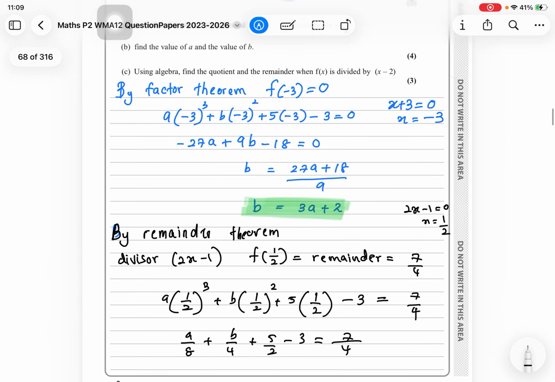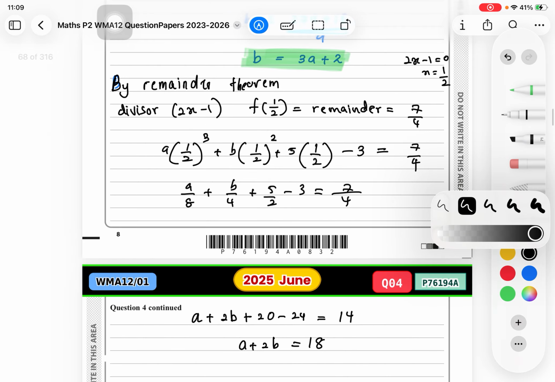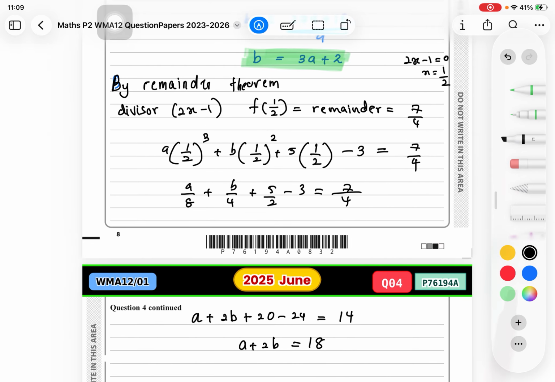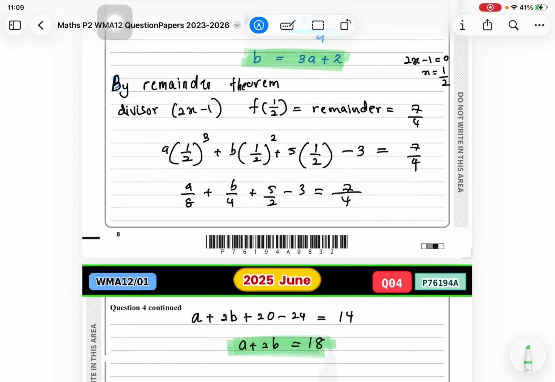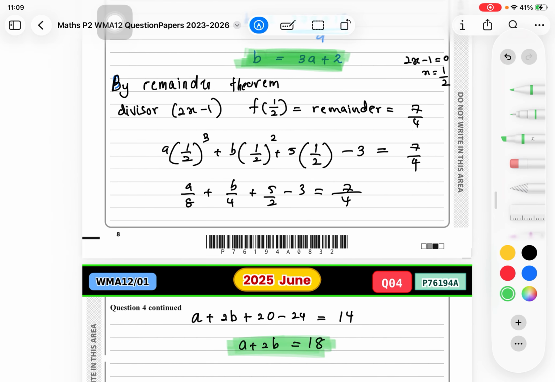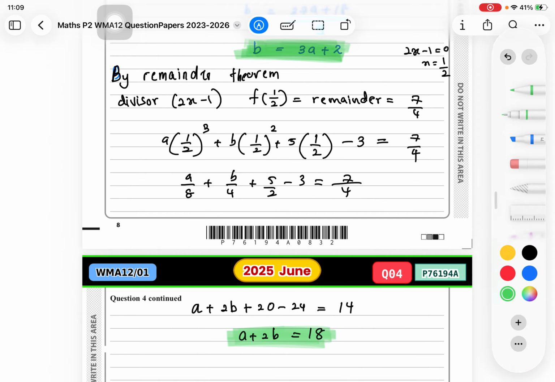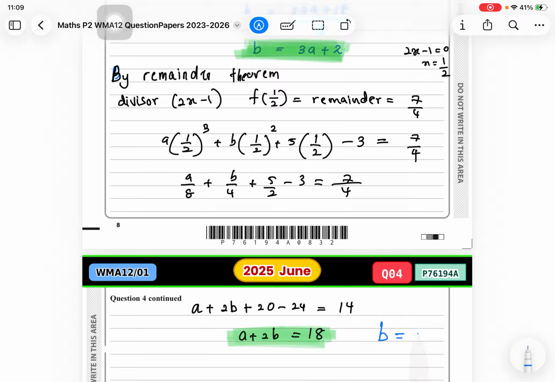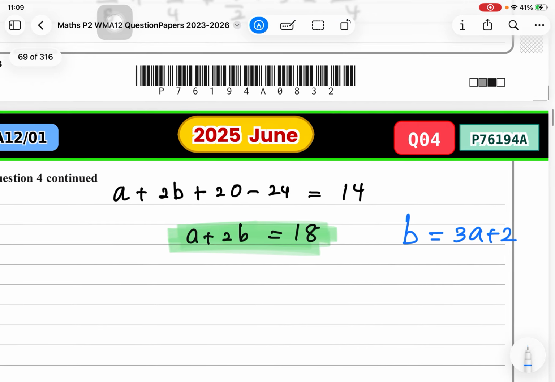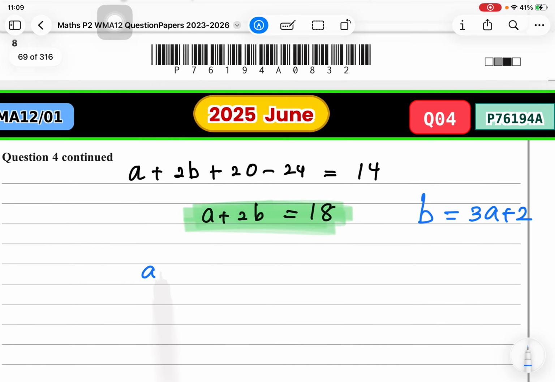We also have one more equation, so these are the two equations we have so far, this and the previous one. We can do the substitution, and our goal is to find a and b. So a plus 2 times (3a plus 2) equals 18.